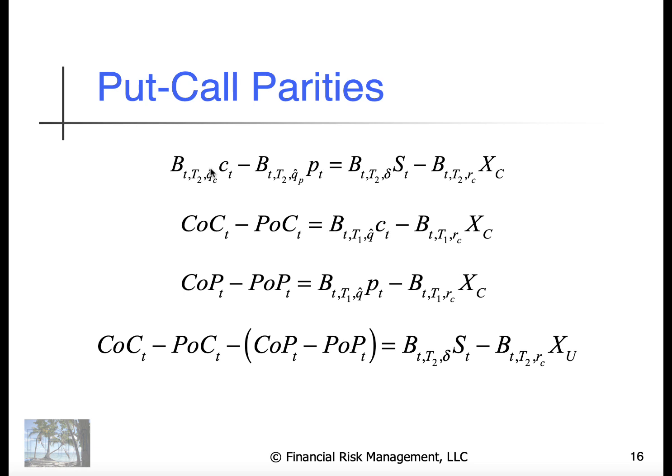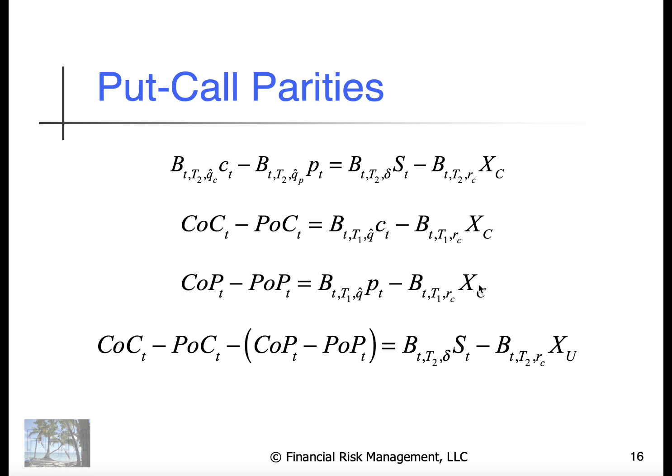Remember, with a dividend, with a yield on the option, I've got to make some adjustments to the parity conditions. But a call on a call minus a put on a call should equal this representation. Call on a put minus a put on a put should equal that. And then the combination of the two should equal this boundary condition.